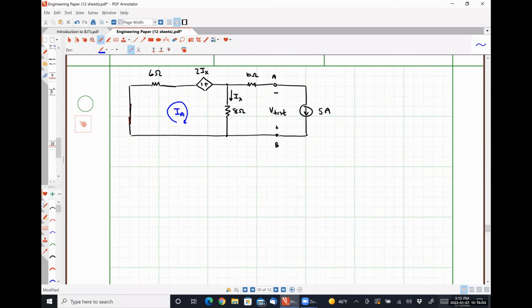Let's call this guy IA. Let's call this guy IB. So we obviously have a current source in our circuit. So now we're going to have a current relationship equation. Henry, could you please tell me how the 5 amp source relates to our mesh currents?